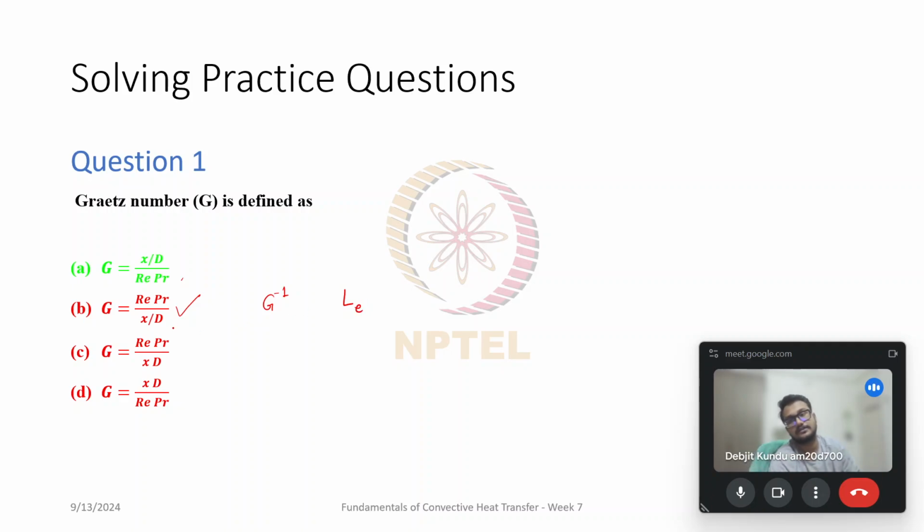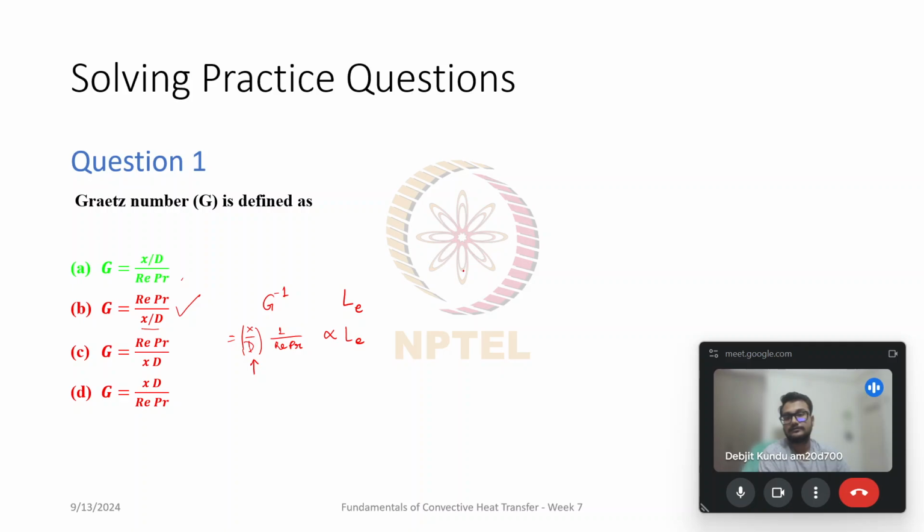Since you see that there's an x over d in the denominator, the reciprocal of it would be x over d times 1 by Reynolds number and Prandtl number. So this is just a scaled version of the term x by d, and that should be proportional to the entrance length, right?